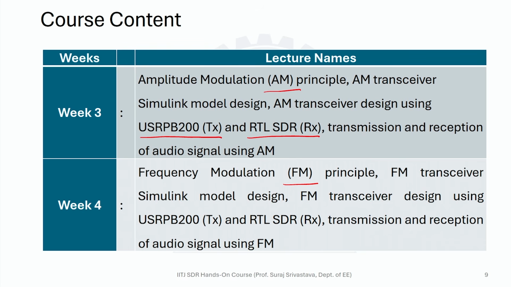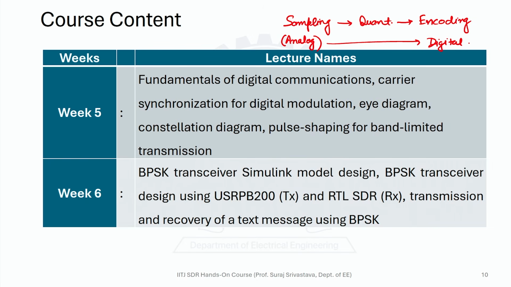You will see that without much investment in phase and frequency synchronization circuitry, you can still recover AM and FM signals. But that is not the case with digital modulation schemes. Digital modulation schemes are very robust towards noise, but they are not robust towards phase and frequency offsets. We'll see that even a small phase and frequency offset requires corrections in the digital modulation scheme.